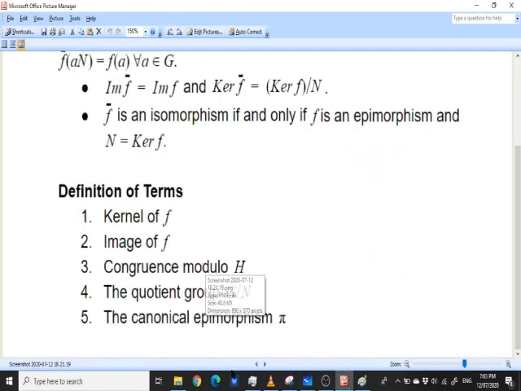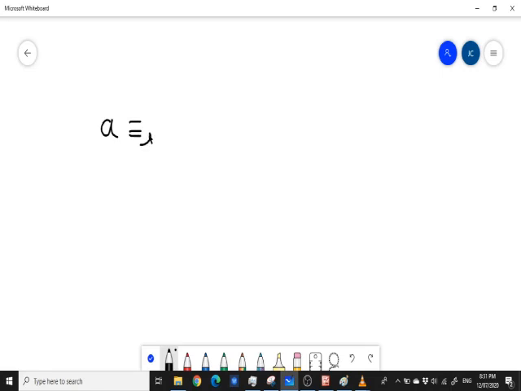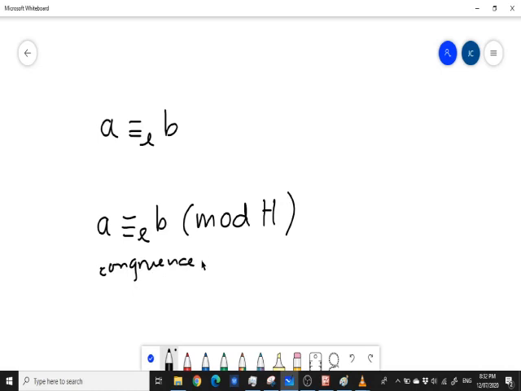Congruence modulo H. Ooh, congruence modulo H. So, for the next part, because I forgot to use the right notation, so just replace, here I used A is left congruent to B, just replace all of those by A is left congruent to B mod H. So this is congruence modulo H, and that will be explained in a while.